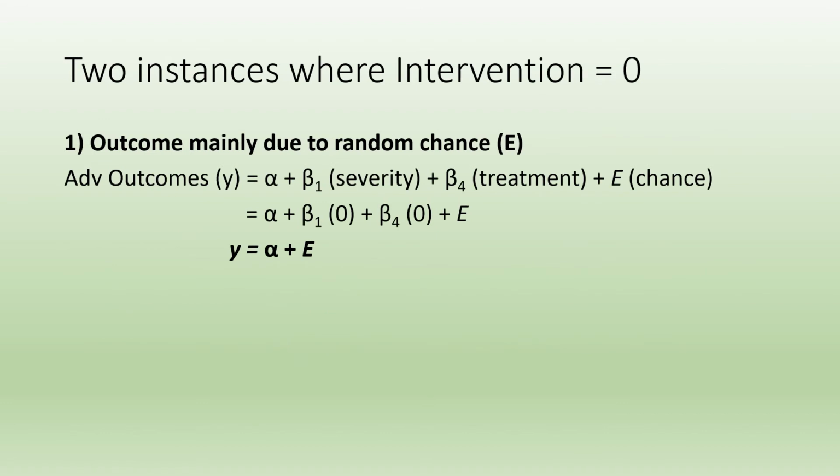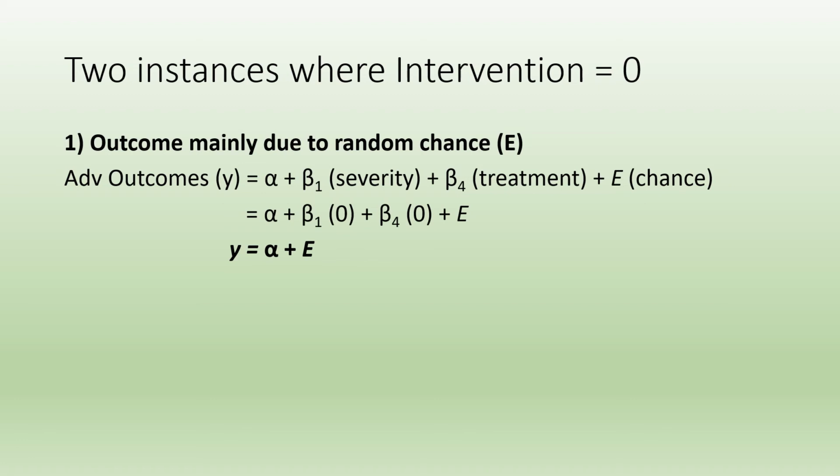So there are two instances when the intervention or treatment is set to 0. In the first instance, adverse outcomes are mainly due to random chance. When we look at the equation for adverse outcomes, we see that adverse outcomes equals alpha plus beta sub 1 plus beta sub 4 plus e.